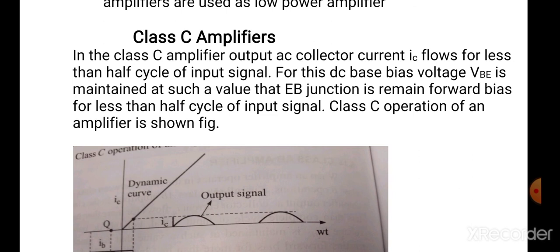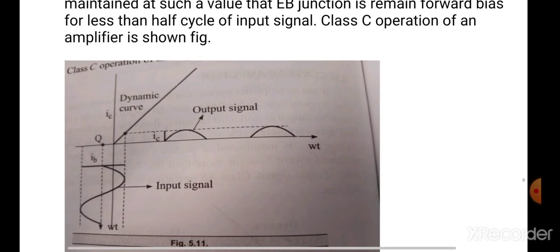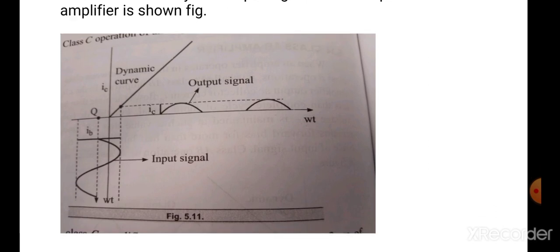For this, the DC bias voltage, meaning the voltage between base and emitter, is maintained at such a value that the EB junction remains forward biased for less than half cycle of the input signal. As shown in the figure, the input cycle is complete but the output signal operates for less than half cycle.